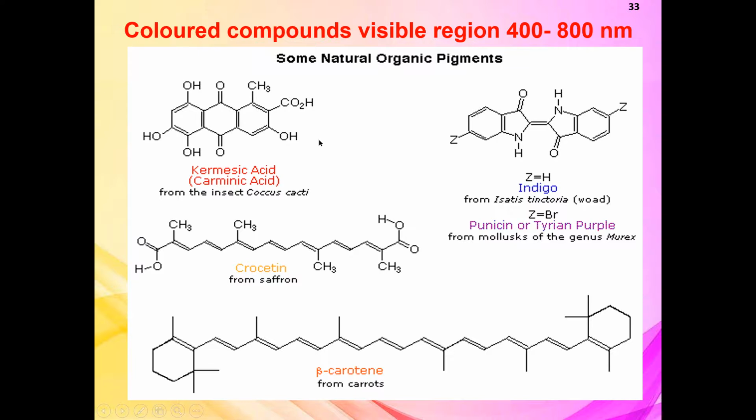So as the number of conjugated double bonds increases, the lambda max value, the wavelength at which absorption takes place, will increase, and ultimately the absorption will occur in the visible region if there are a larger number of chromophores, and this is the reason why some of the compounds appear colored. Why do the compounds appear colored?